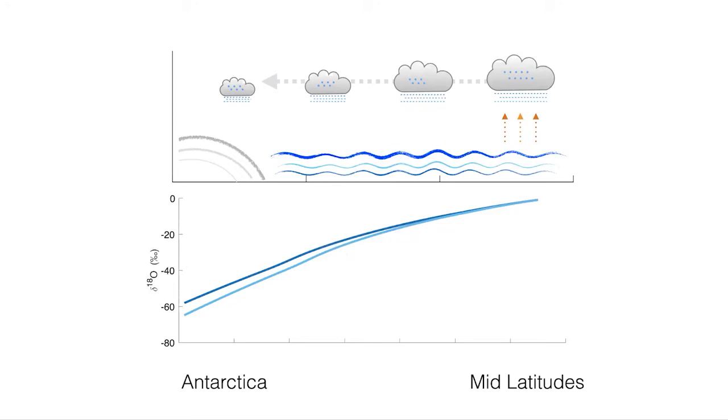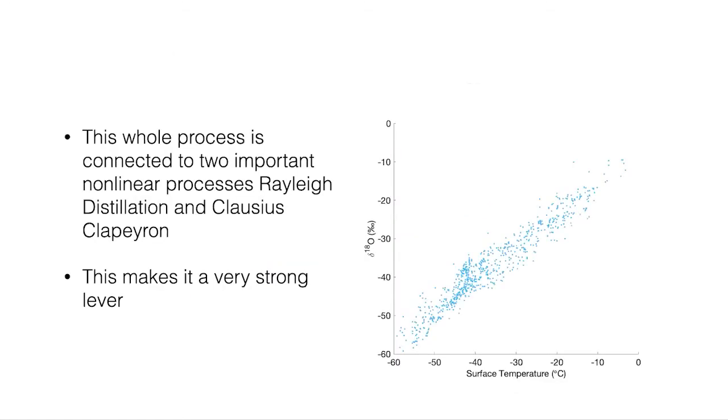Likewise, if we warmed the temperature up a little bit, it wouldn't have to condense out as much, wouldn't fractionate as much, and the delta value would go up. So this is the basic underlying reason why water isotopes of particularly high latitude precipitation are really sensitive to temperature.